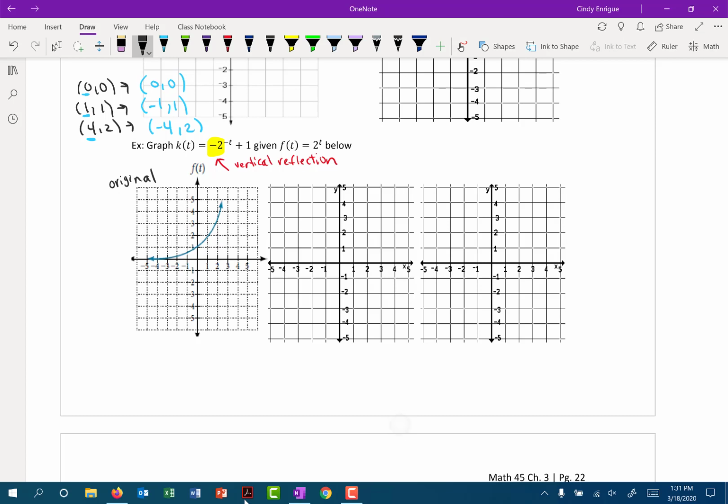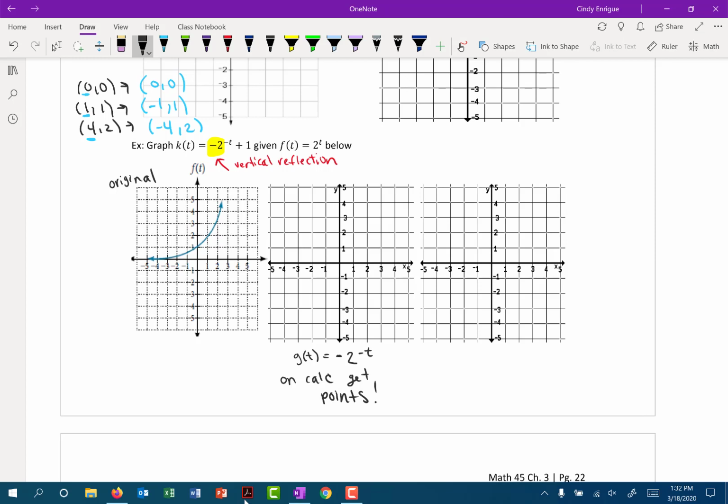So you can think of this as my function, let's call it g of t, is equal to a negative 2 to the negative t function. Okay. And what might be the easiest thing to do here is to actually just graph this on your calculator to get points.